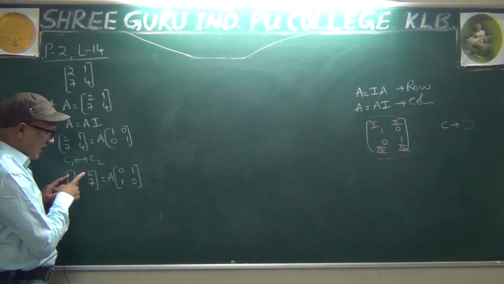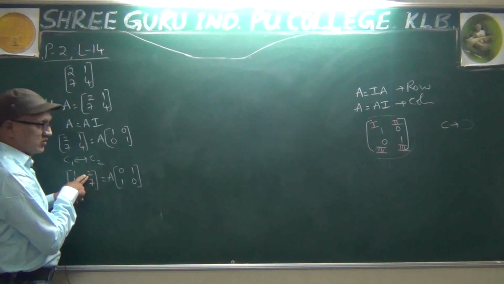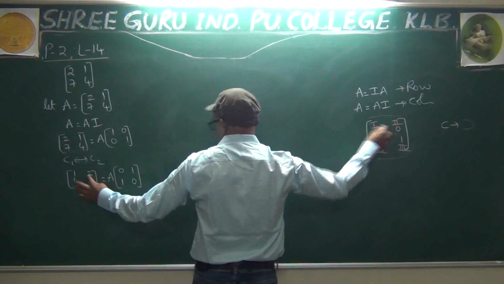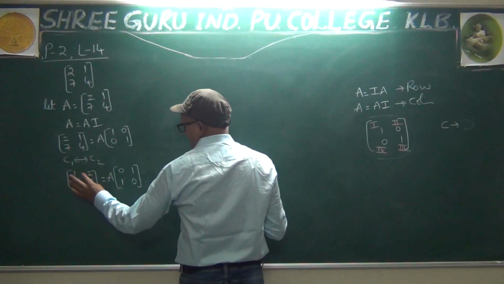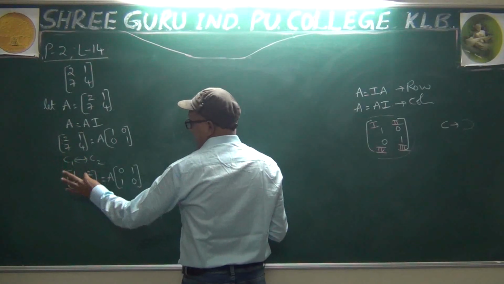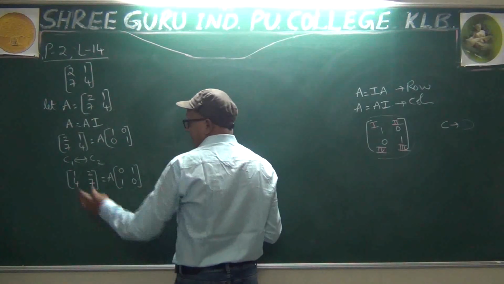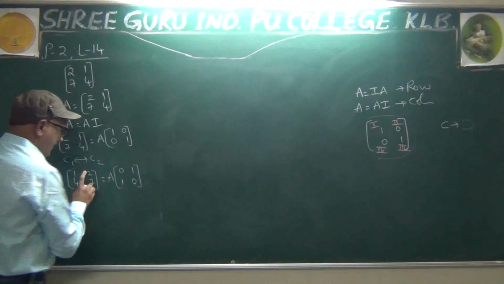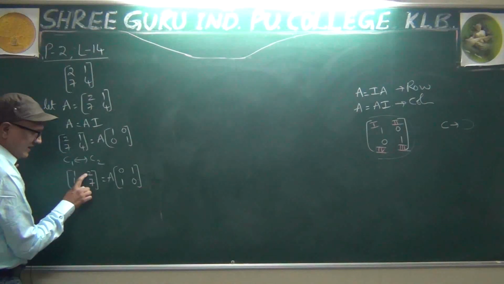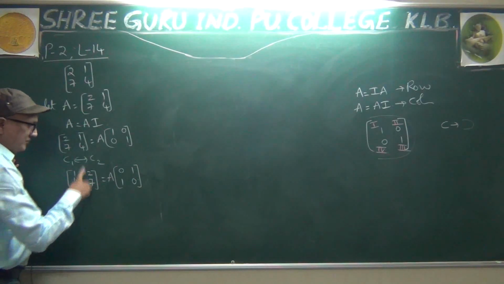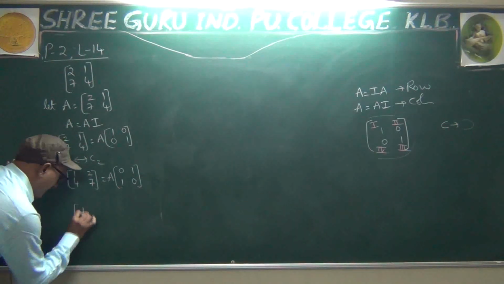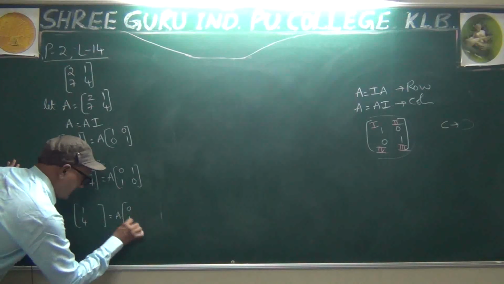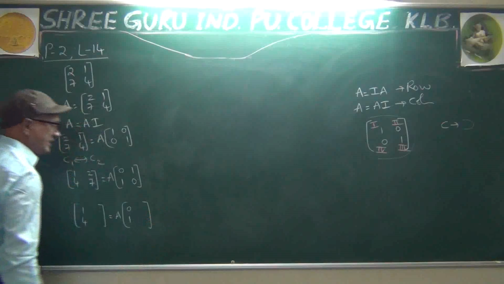Next, in Roman letter 2, at this place there is 2. We want 0 here. Where is it? It is in the second column. Nothing happens to the first column; keep the first column as it is.